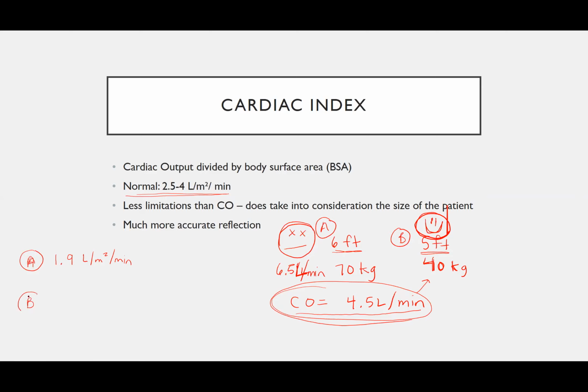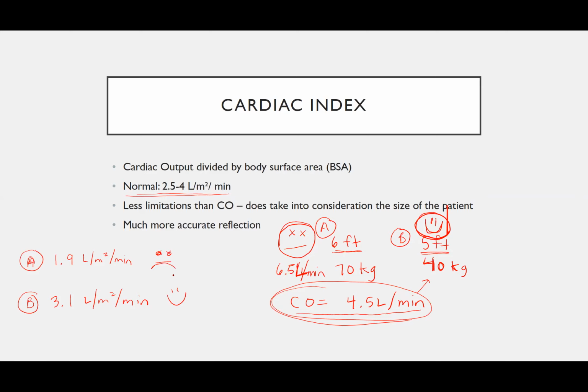But if I looked at patient B with a cardiac output of 4.5 liters per minute and this 5 foot patient who's functioning relatively normally, this may tell me that their cardiac index is 3.1 liters per meter squared per minute. So that would indicate that this person, once again, has a very happy heart, the body's getting what it needs, and this 1.9, well, that's no good.